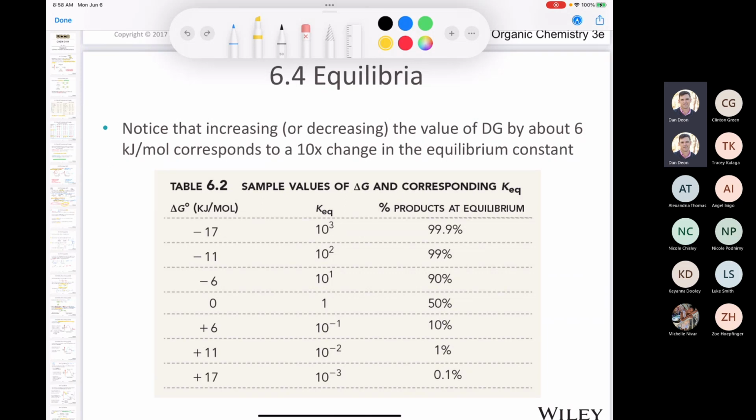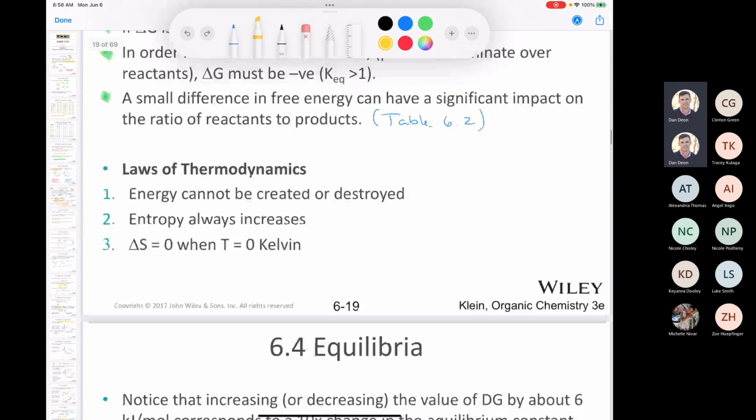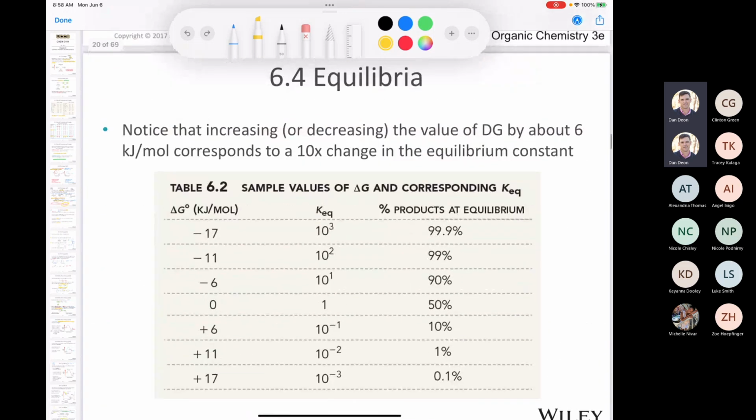There's nothing really that you need to memorize in this table. The bottom line is that if you just look at small changes in Gibbs free energy, let's say we go from 0, a delta G of 0 means you're at equilibrium. Your K equilibrium is 1. So that means you've got a 50-50 mixture. But if you just go down to -6 kilojoules per mole, we have 90% products.